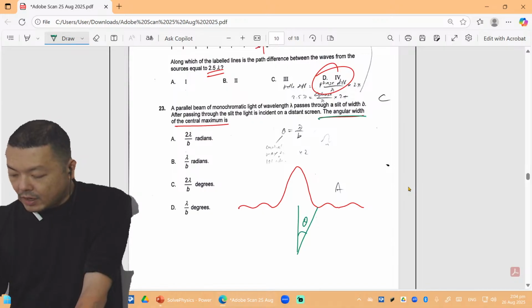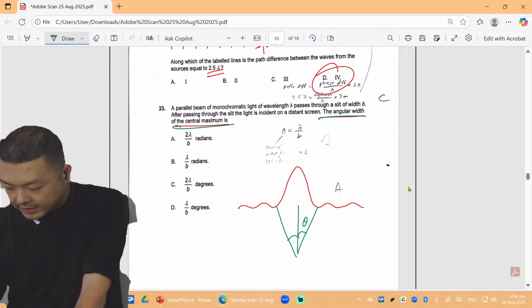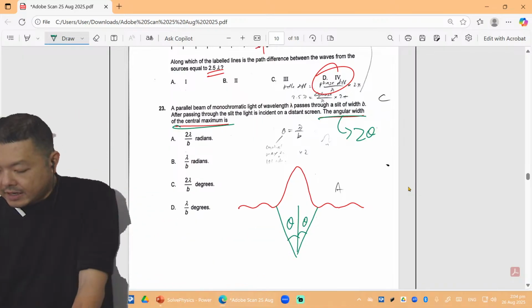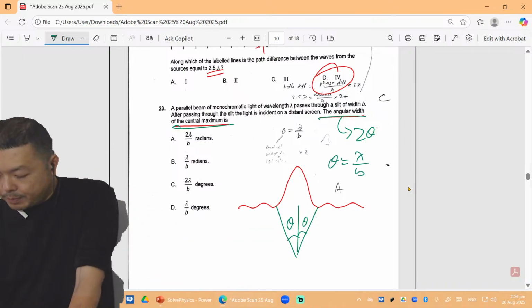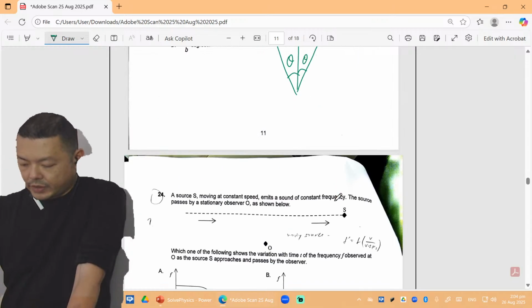But they want the angular width of the central maximum, which is 2 theta. Since theta equals lambda over b, it is 2 lambda over b. A is your answer. Okay, that's 23.